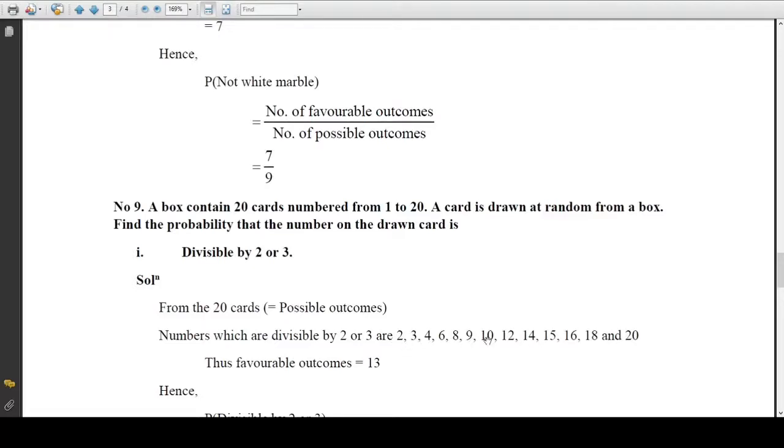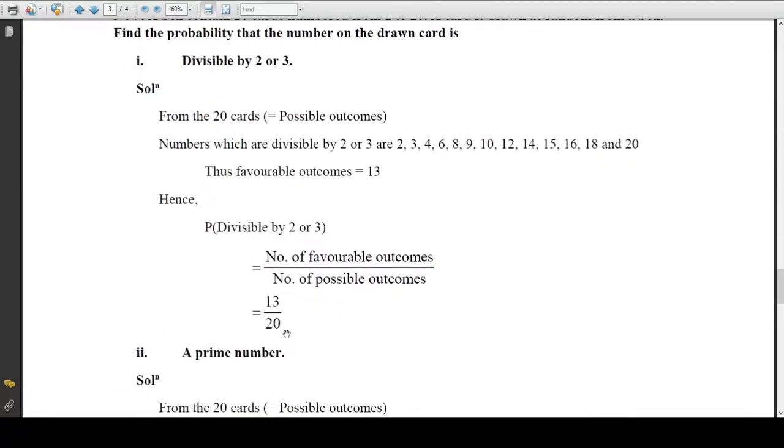If you count all these numbers, you will find that the favorable outcomes will be 13. And the possible outcomes are the 20 cards, therefore 20. The probability of getting a number divisible by 2 or 3 will be 13 by 20. Here you cannot cancel, therefore it will be 13 by 20 only.